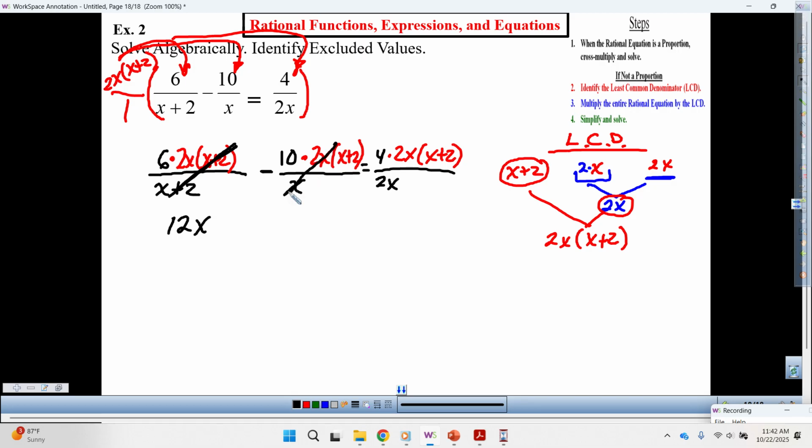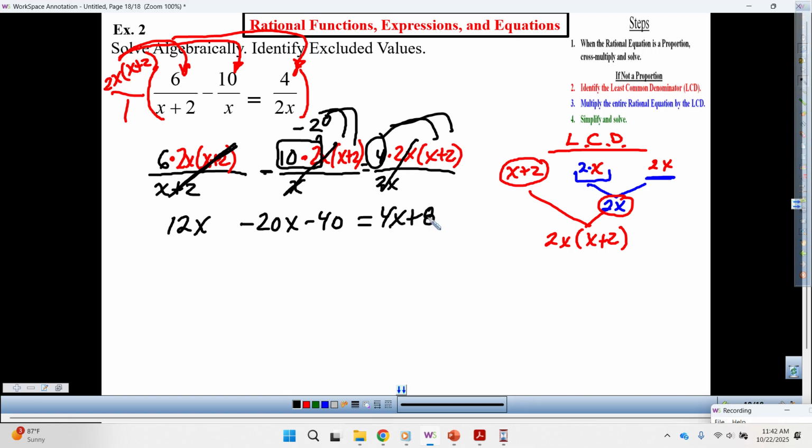The x. So that leaves us with, look up, 2 times 10, that's 20, but there's a negative here, so it's a negative 20. And distribute that to the parentheses, so that's negative 20x minus 40. Next, what's the giant 1 over here? The 2x. So that leaves us with the 4. Distribute that over here, so that is 4x plus 8.